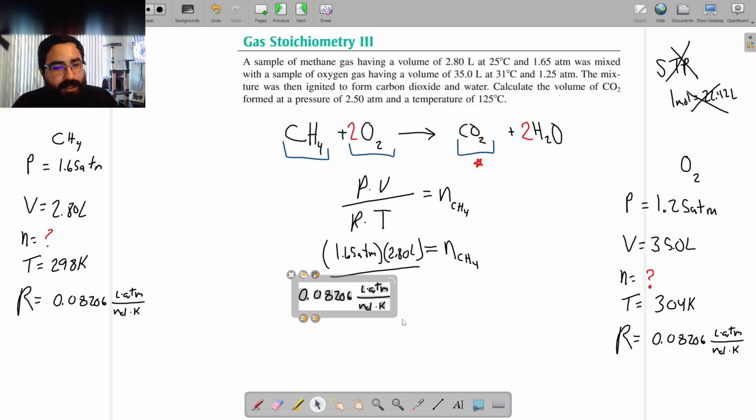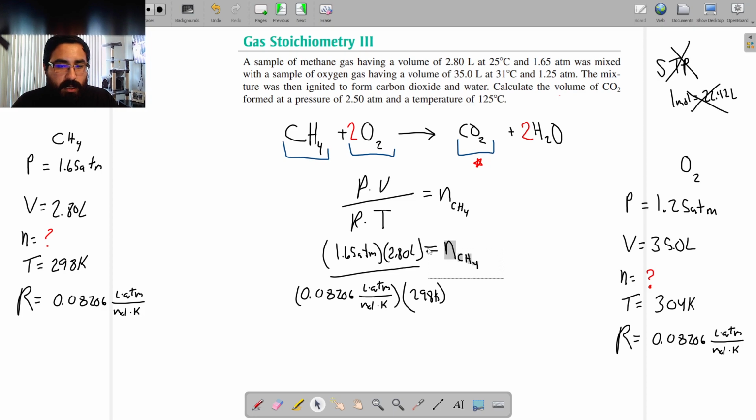I love copying and pasting. It's like my favorite thing to do. But I don't know how to shrink it. Whatever. We'll put it in parentheses. And then the temperature was 298 K. All right. Now this looks super hideous.